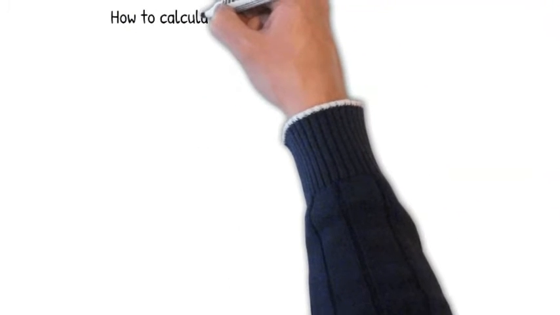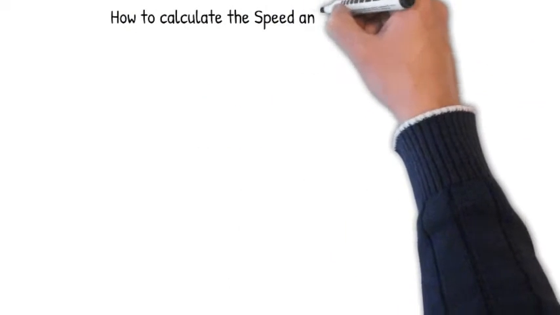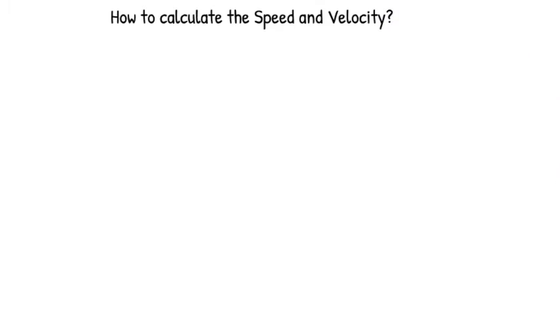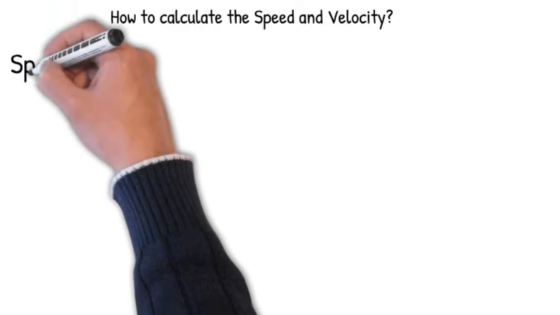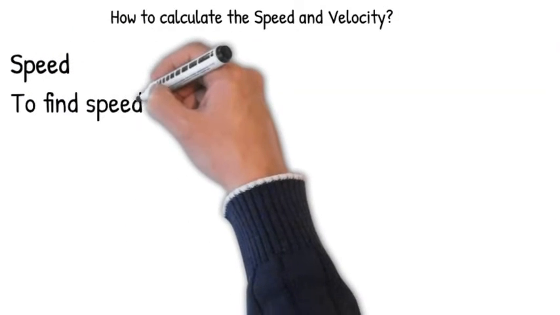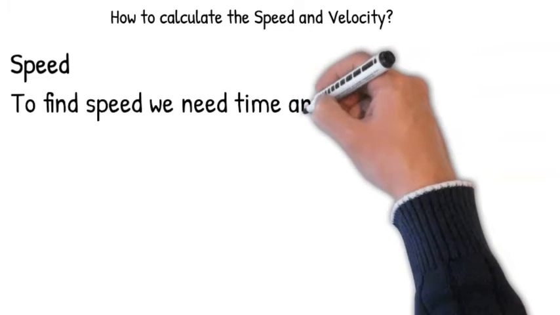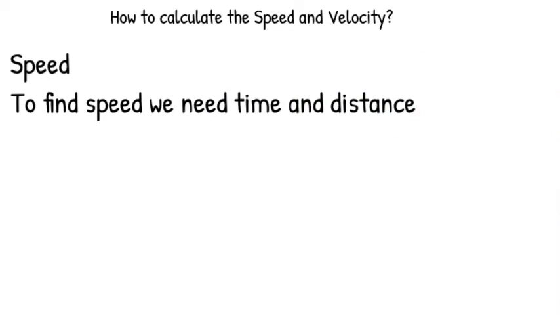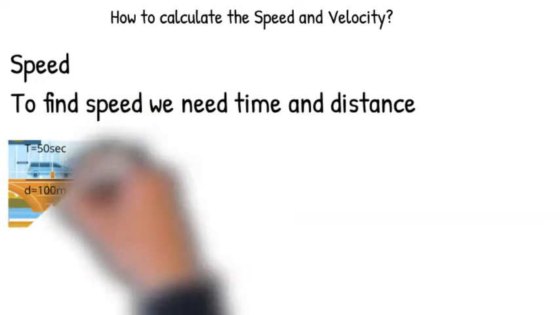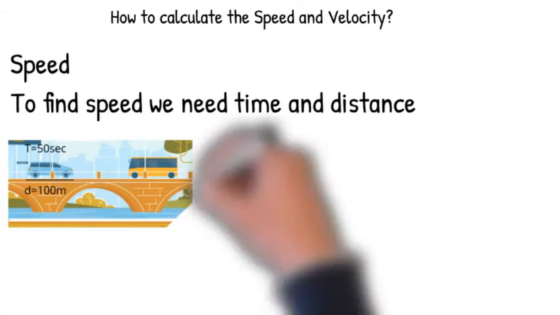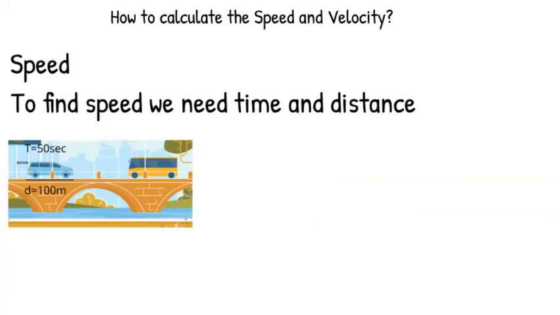So now we calculate the speed and velocity. To calculate the speed, we need to find the time and distance. How? We take the example of a van.